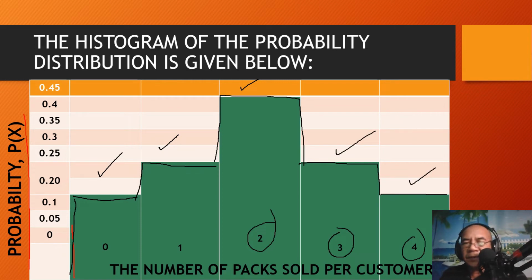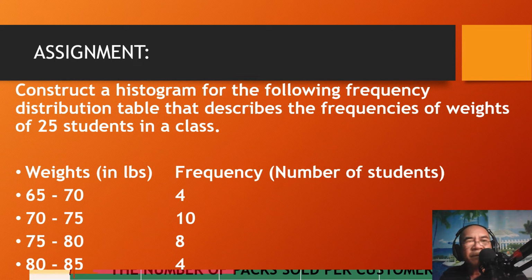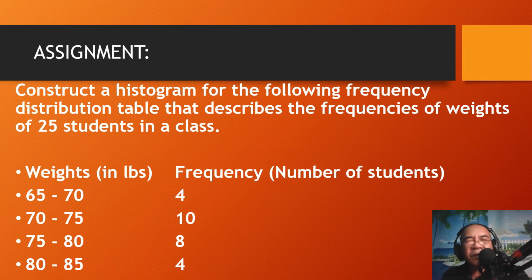It's very easy. Now, I will give you an assignment to construct a histogram for the following frequency distribution table that describes the frequencies of weights of 25 students in a class.